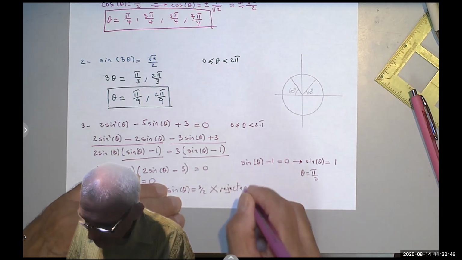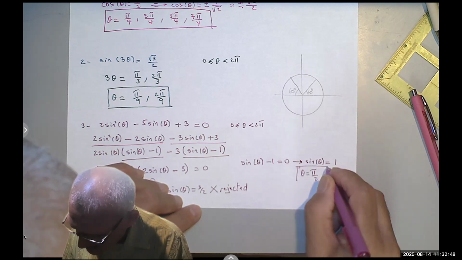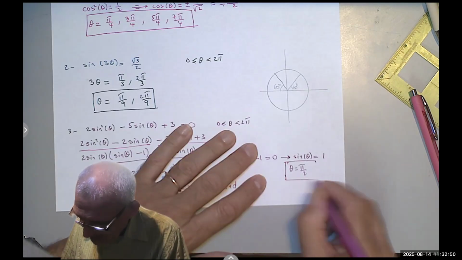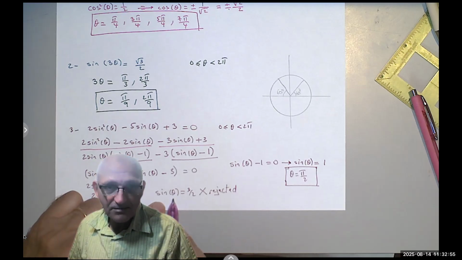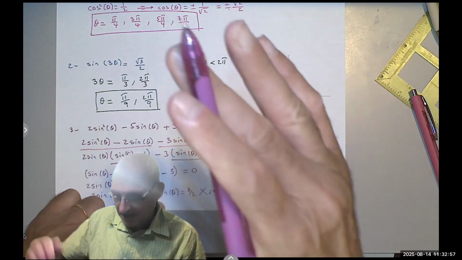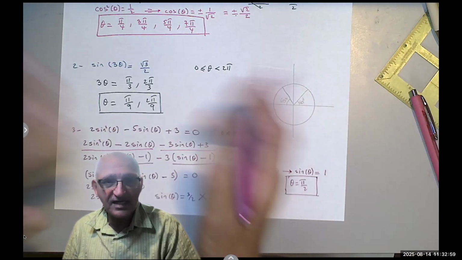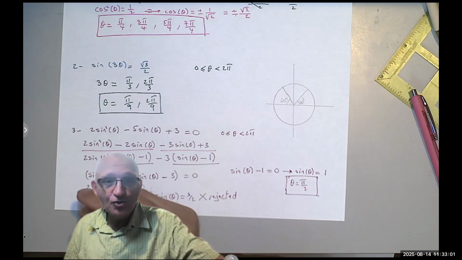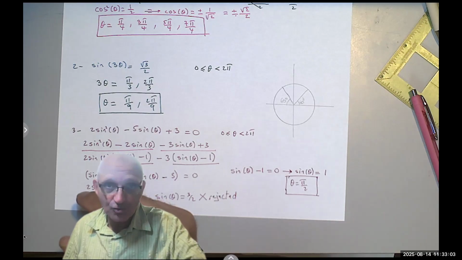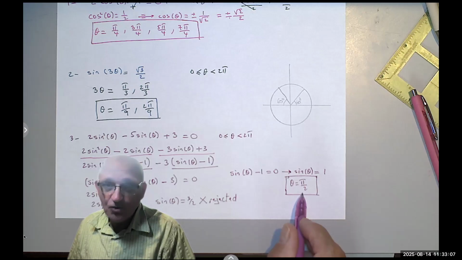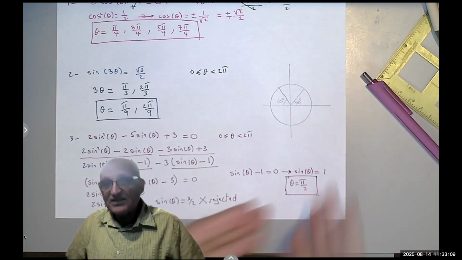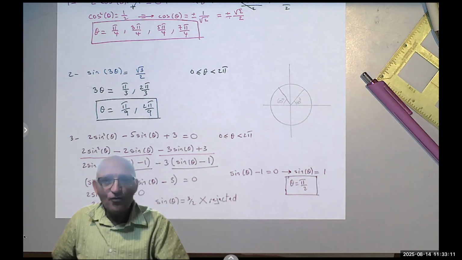We ended up with the unique answer. So we expected up to 4. 2 were rejected here, right? Because I don't have it neither in the first quadrant nor in the second quadrant. So I lose 2 possible answers, and I lose a third one here. So that's a special case where you only have one answer.